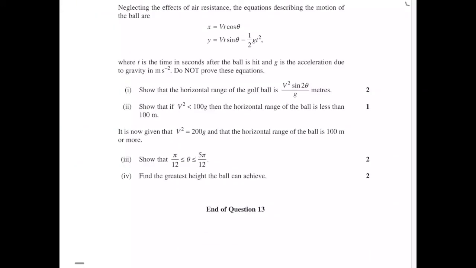It is now given that v squared equals 200g and that the horizontal range of the ball is 100 meters or more. Show that theta is between pi on 12 and 5 pi on 12. So the question says that v squared is equal to 200g, and the range is greater than or equal to 100.